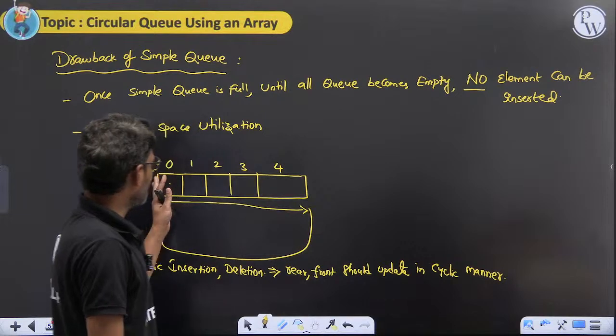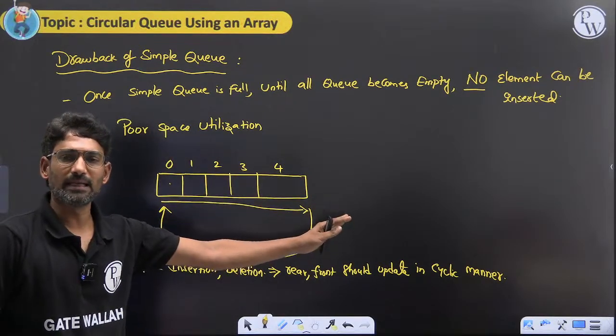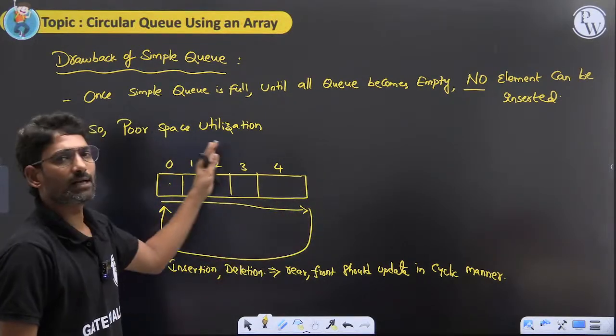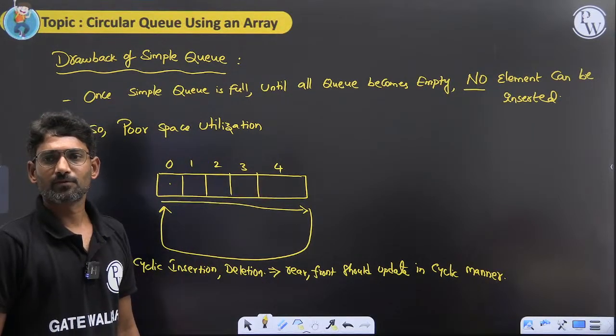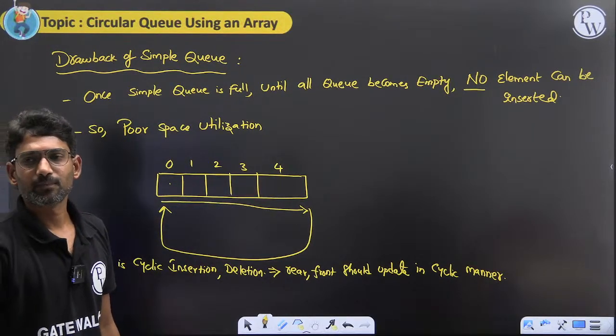That means once they reach the maximum limit, they should again start from the first index. Right.